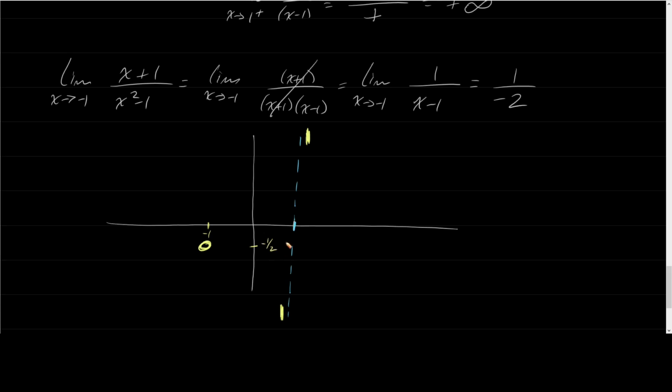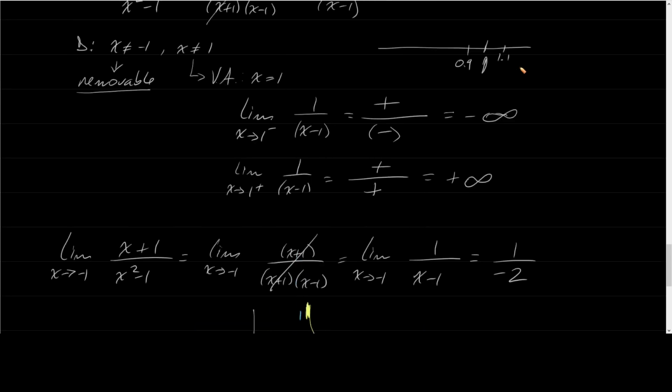As for the rest of this function, it essentially looks like this. And that's where that hole ends up being. So this last limit was just to find where the hole was. The first two limits were to find the behavior around the asymptote.